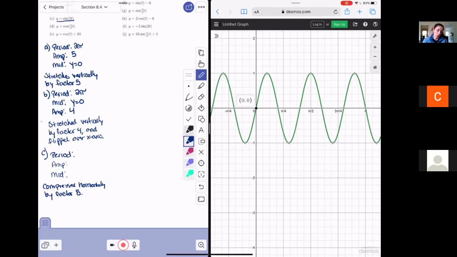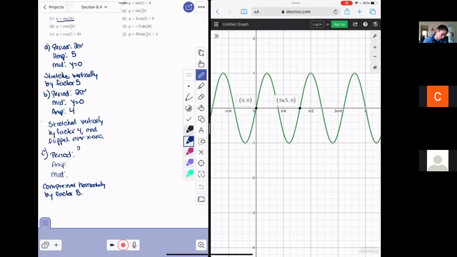But does everyone see that the period is where I highlighted those 2 points on Desmos? Yes. Okay. So, well, the Desmos actually tells us that the period is 2 pi over 5.